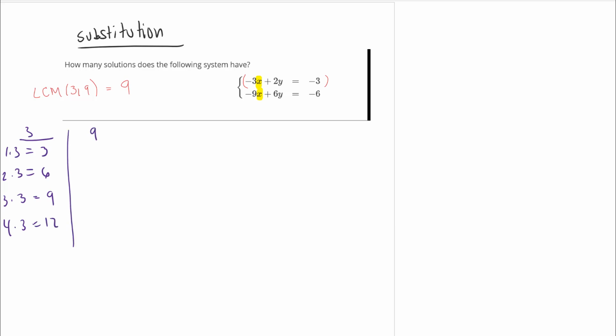And you also know your 9s, which is 1 times 9 is equal to 9. 2 times 9 is equal to 18. And that first number that they both share in common is a 9. So that is how you're going to get your least common multiple of 9.